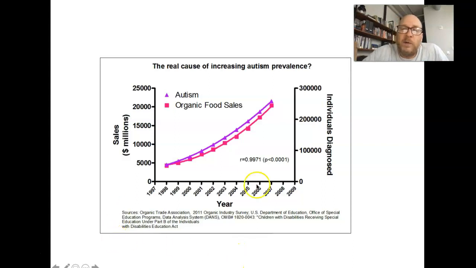And if you remember, the highest possible correlation is 1.0. That's 0.997. So that's an extraordinarily high correlation. Did anybody look at that and automatically think, oh, organic food must cause autism? I didn't have that reaction at all.